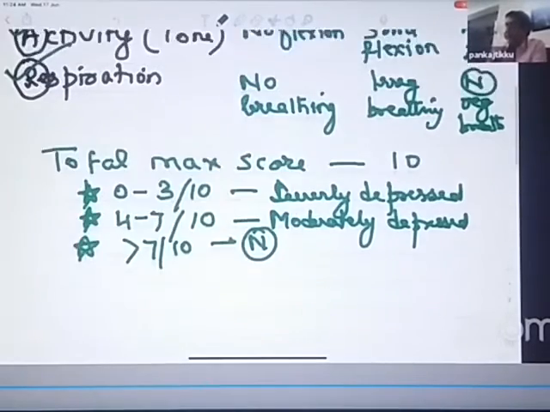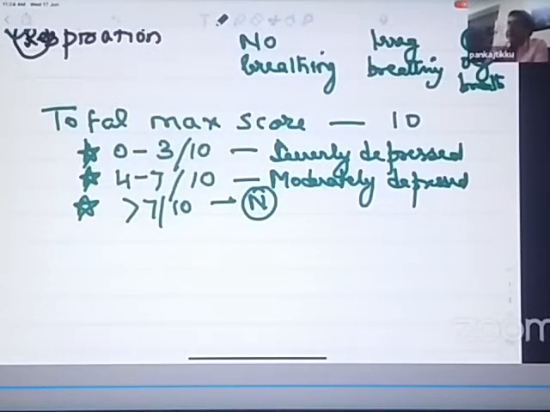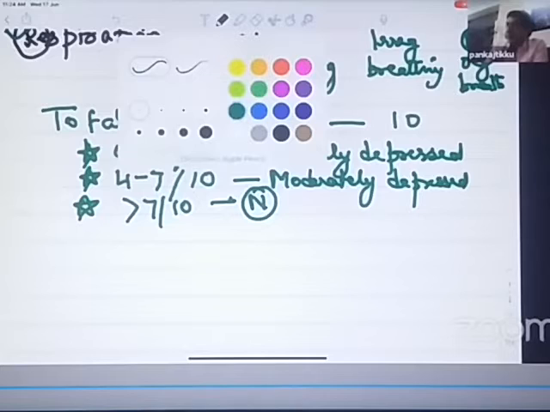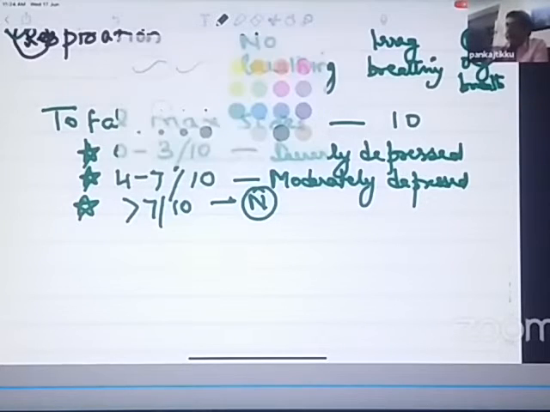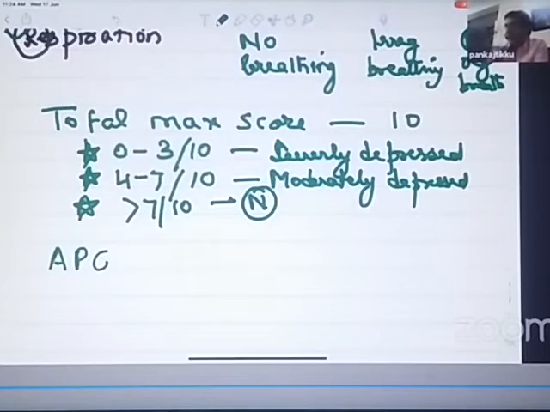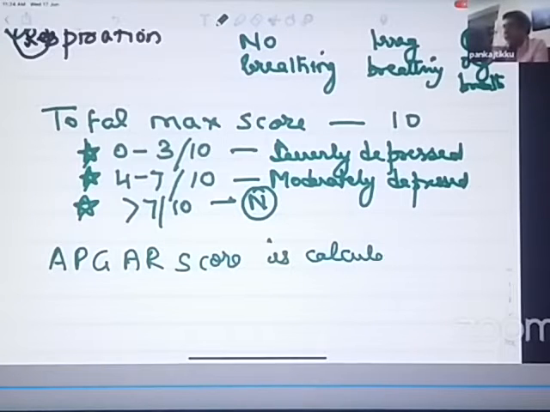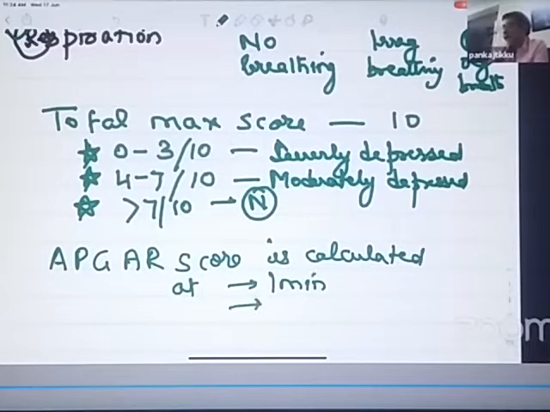The last thing that I would like to tell you is when the Apgar is calculated. The Apgar score, please remember, is calculated at 1 minute and at 5 minutes.